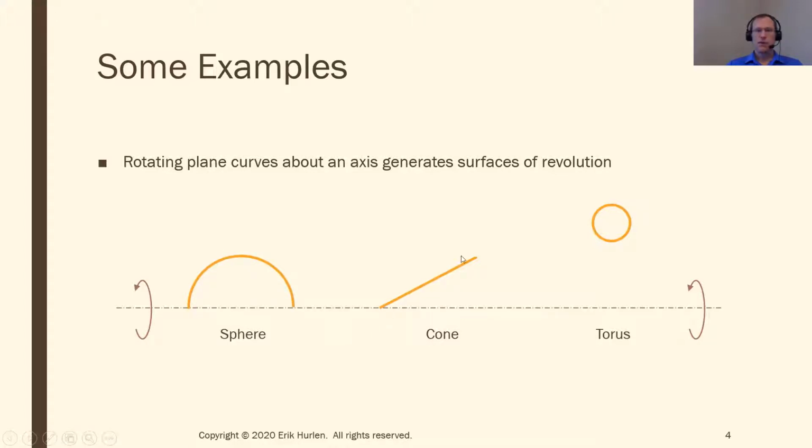If I have a straight line that intersects the axis, that's going to give me a cone. If I have a circle off the axis, rotate that around, it's going to give me a donut shape, which is called the torus. Again, I can find the surface areas of those by finding the centroids of these lines and multiplying by the length of the lines and whatever angle I rotate through in radians.